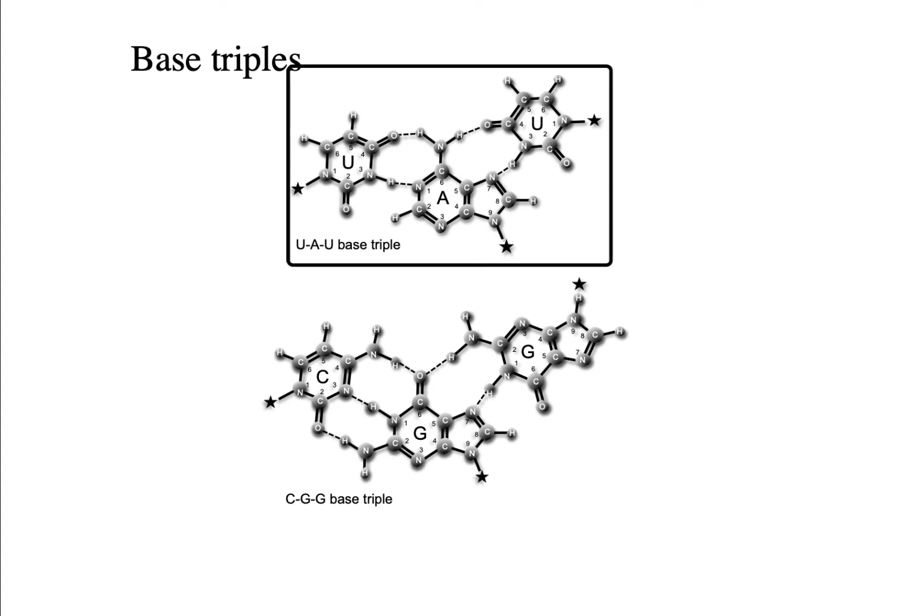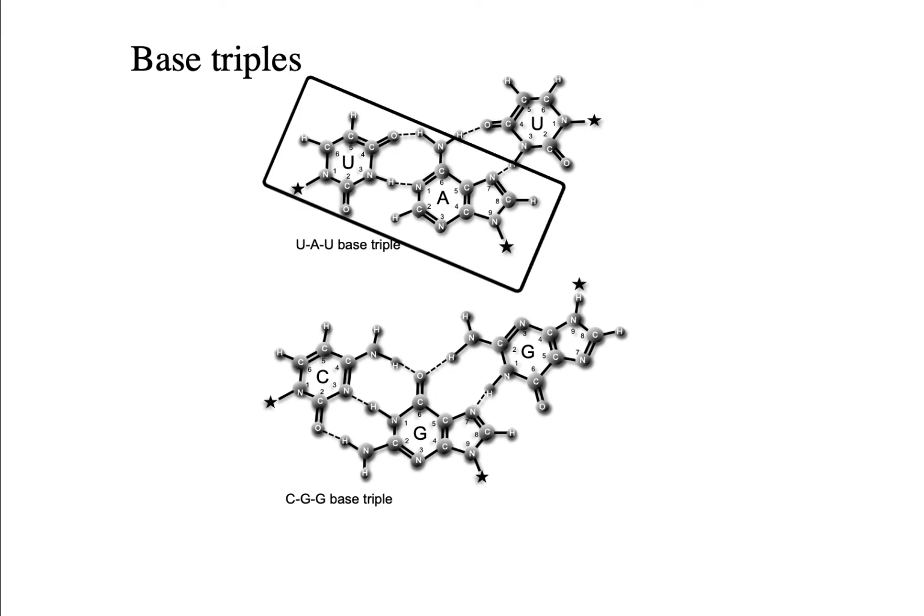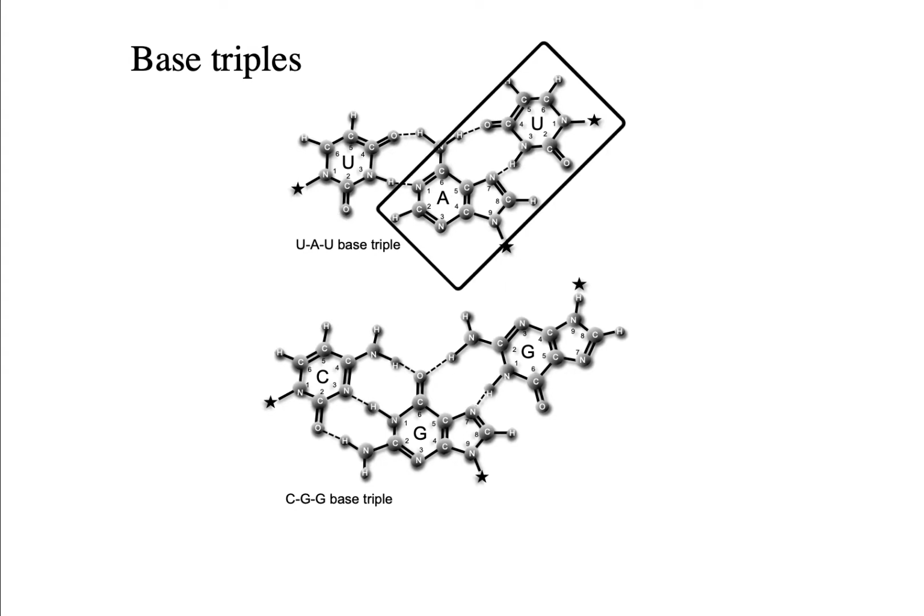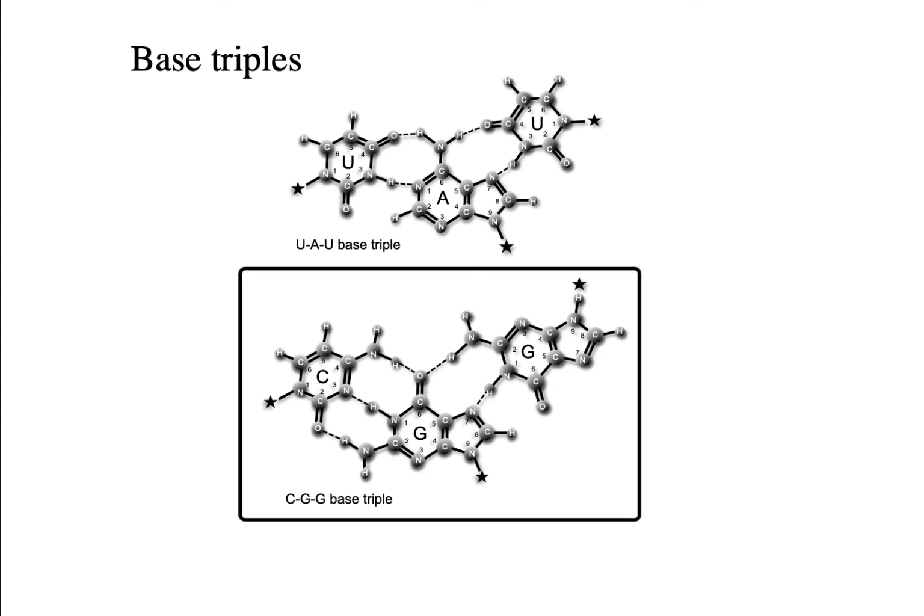So here's a UAU base triple, where the A and the U have formed a standard Watson-Crick edge, but then the A has also paired with another U along the sugar edge and the Watson-Crick edge of the U. And then here's a CGG base triple, which, these are actually quite common in RNA. There's CGG as well as CGC base triples that are common in RNAs.